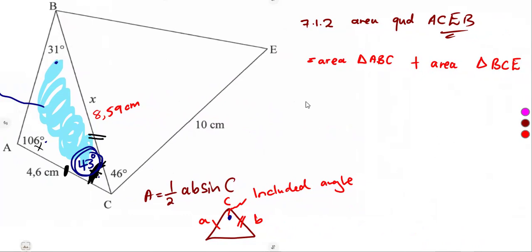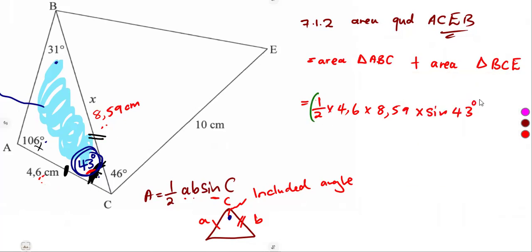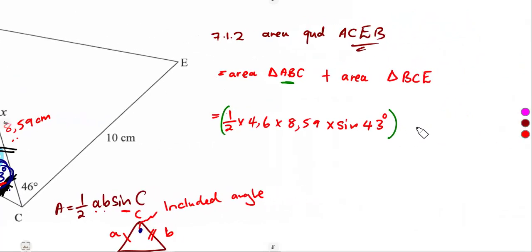From triangle ABC, we are going to have half of A times B, which are the two sides, 4,6 times 8,59 times the sine of the included angle, 43 degrees. This whole part is giving us the area of triangle ABC.